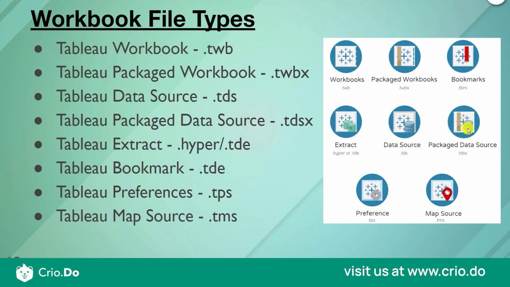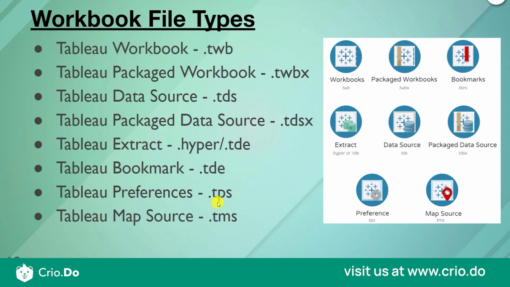Here also you have a cylindrical icon, and the data source zipped file will have the yellow ribbon over it. The Tableau saved versions will be saved like this, and the extensions will be like this, but the icons will look like this. You can easily differentiate them by just looking at the icons.